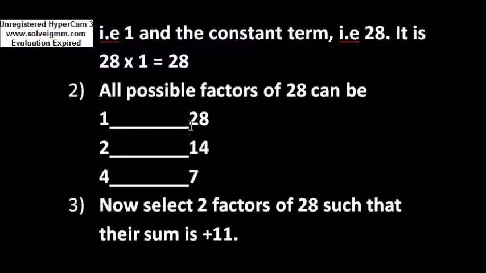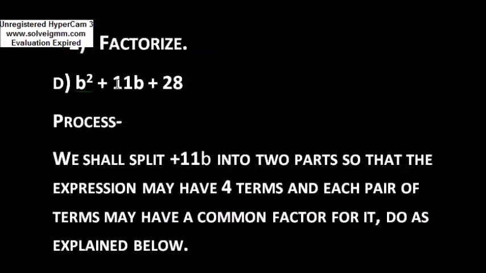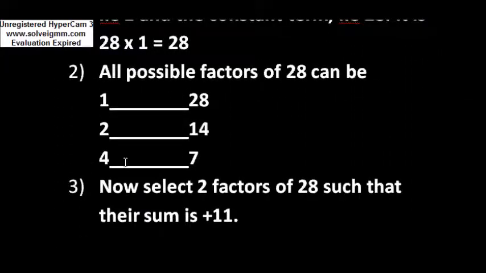When you add 28 and 1, your answer is 29. But you need only 11, and you want to divide the mid portion of the equation. As in the equation you can see here, our midterm is 11b. So you want to divide this term into two portions with the help of these factors. So 11 equals plus 7 plus 4.